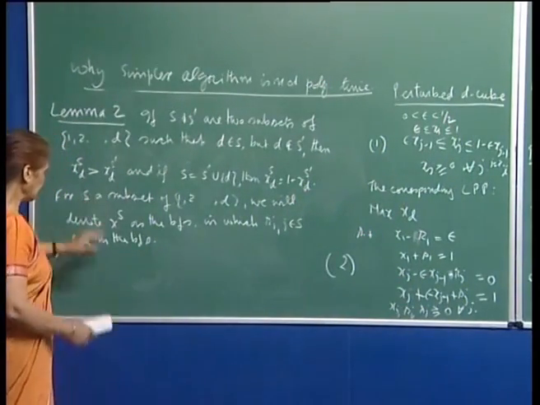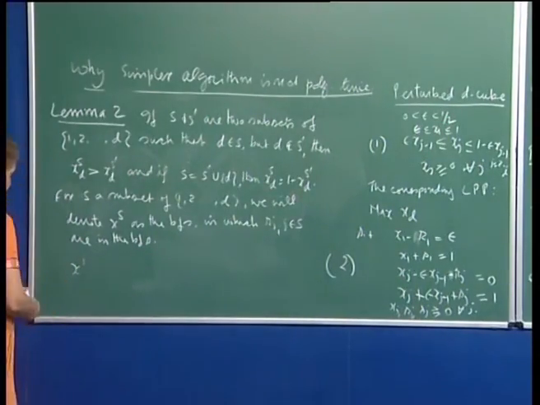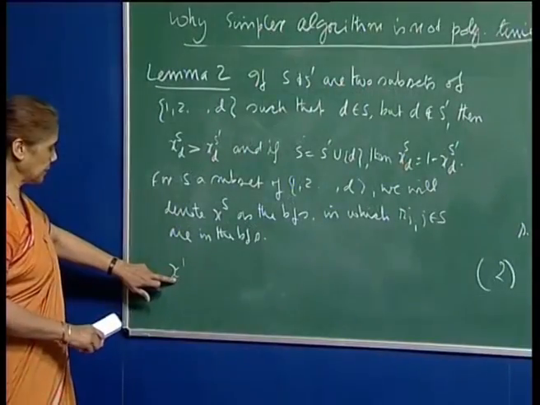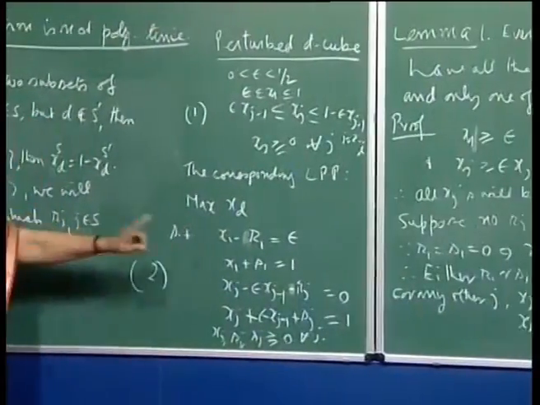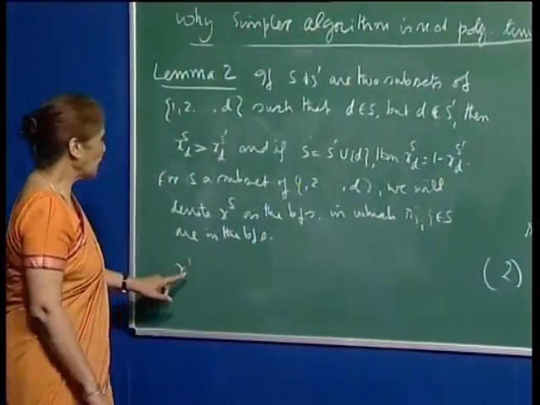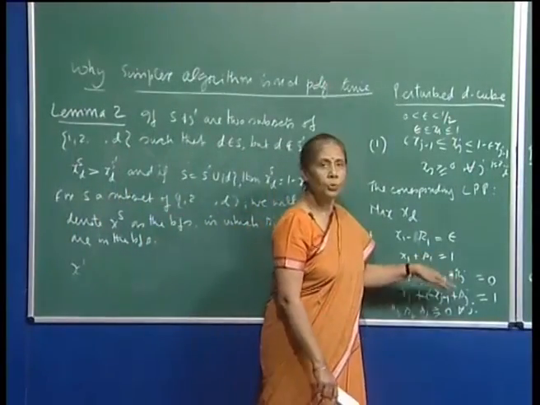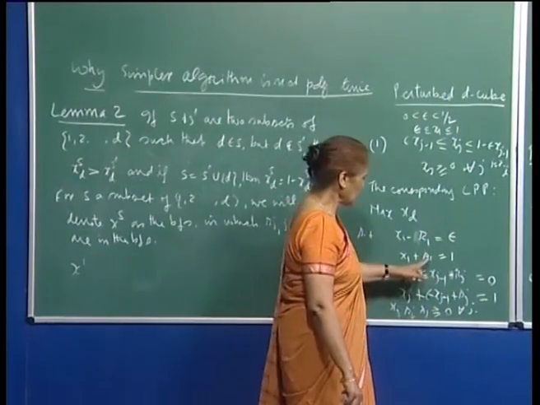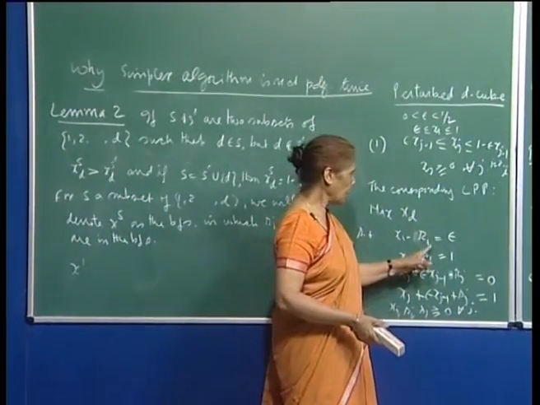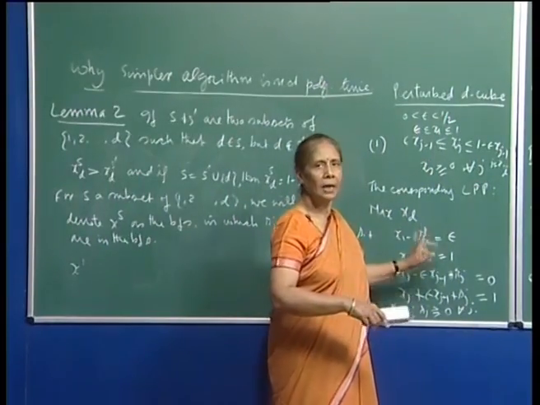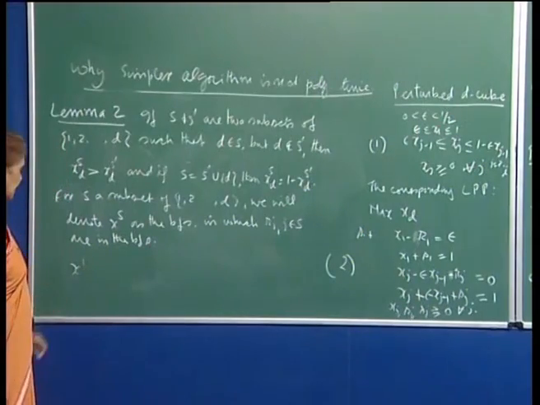That means in x^S, for example, if I simply say x^1, then this is a basic feasible solution to the system in which R1 is in the basic feasible solution. That means for the remaining indices 2 to d, S_j is present, and so R2, R3, up to R_d are all zeros if you consider the basic feasible solution x^1.